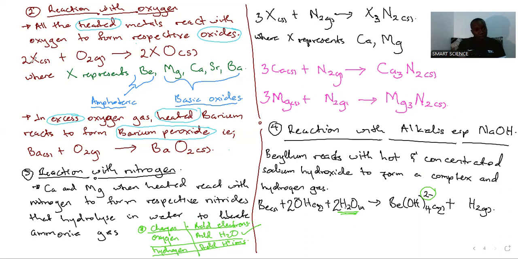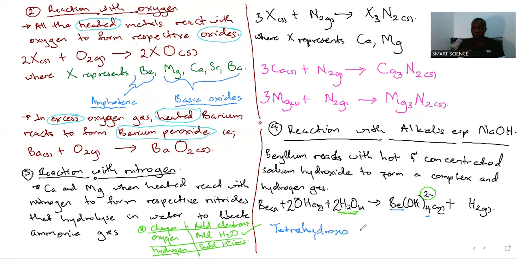So as we write this complex, we leave when we have named it, because for any complex written, begin with the number of the ligands attached, and the number is 4. In science, 4 means tetra. We have OH attached, and that ligand is known as the hydroxyl.